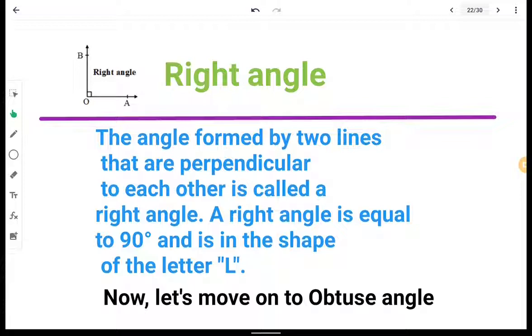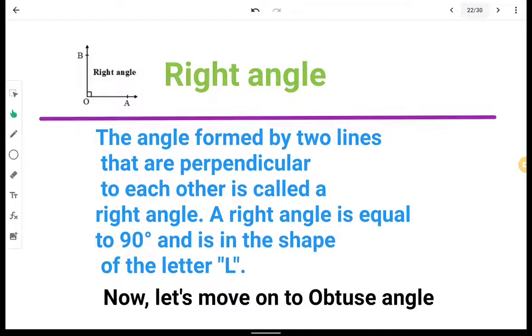The angle formed by two lines that are perpendicular to each other is called a right angle. What do you mean by perpendicular? It means they are at right angles, or 90 degrees. So the right angle is equal to 90 degrees and is in the shape of the letter L. It can never change from that shape.